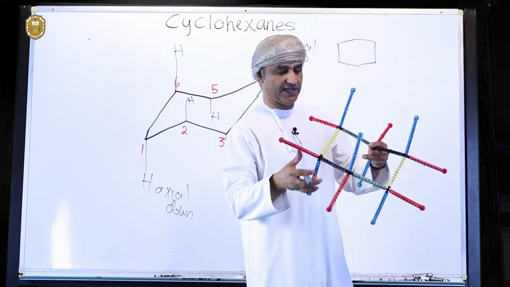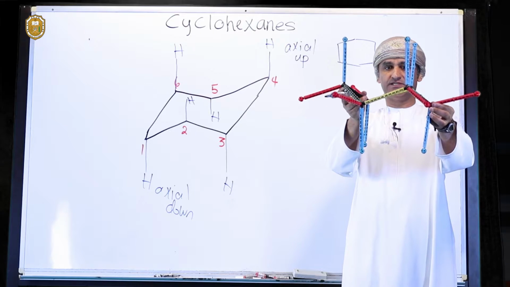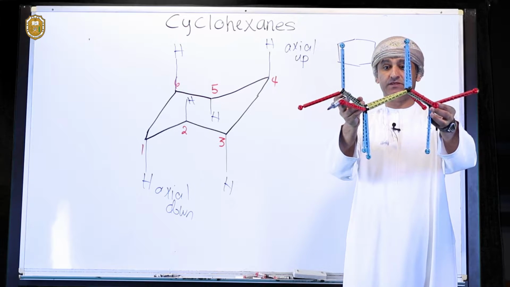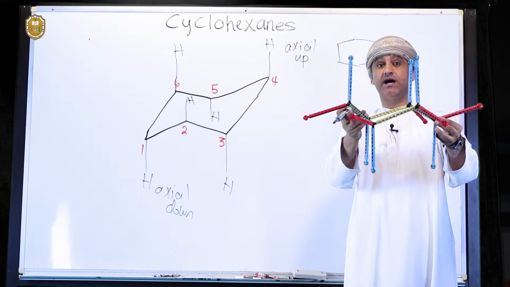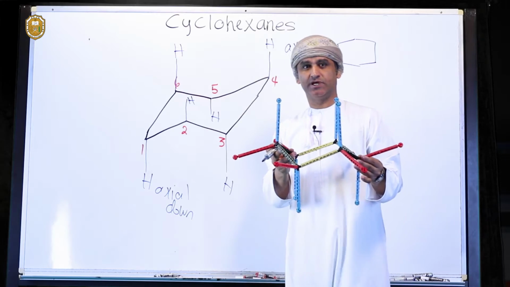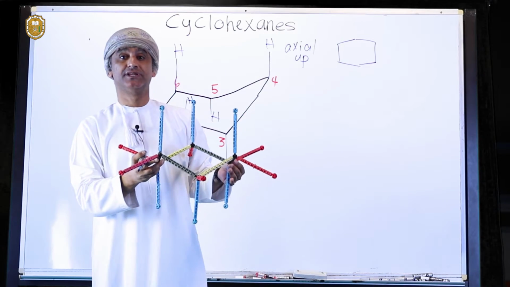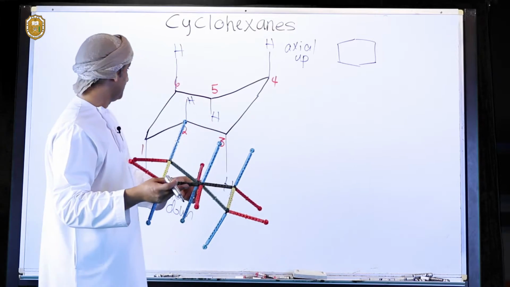Now, if you look at the number of axial bonds in cyclohexane, the blue ones, there are 6 of them. 3 of them point up, and the other 3 point down. So there are 3 bonds which are axially up, and 3 which are axially down. So these are the axial bonds.